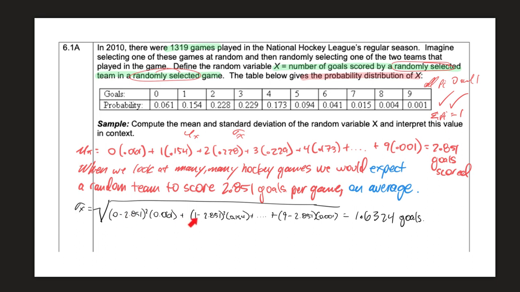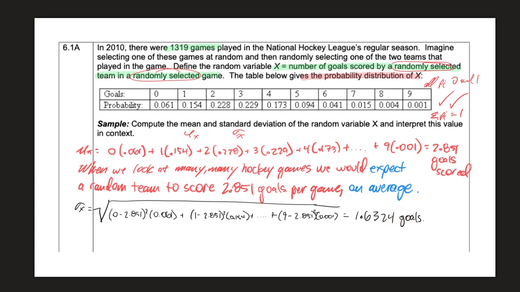And then I add to that 1 goal scored minus the average number of goals scored. And I square that difference, and then I multiply it times the probability that my goals scored will differ by this amount. And I continue on. That's what this means verbally. And I left off a little exponent there now that I see it. When I do all the mathematics here, I get 1.6324 goals. Okay, that's the standard deviation.